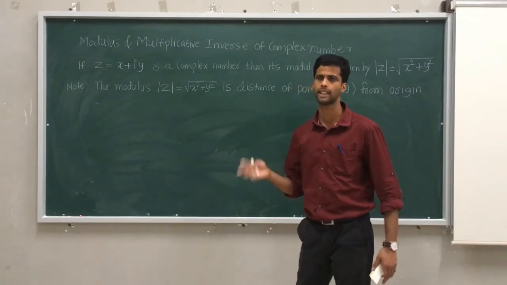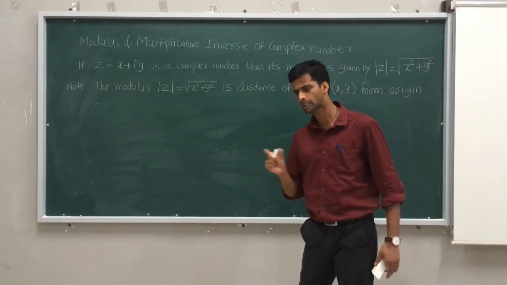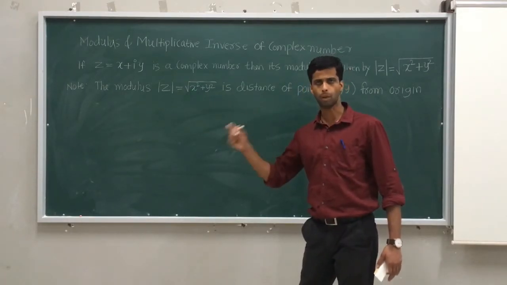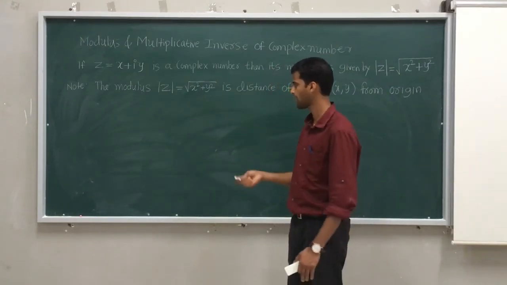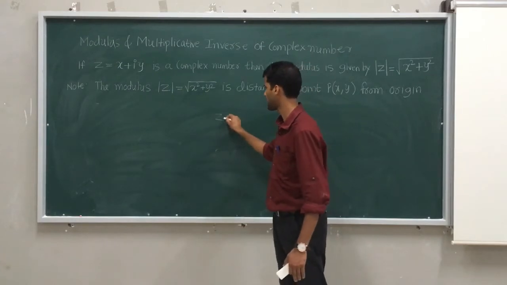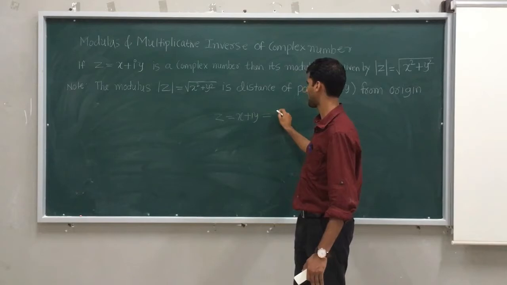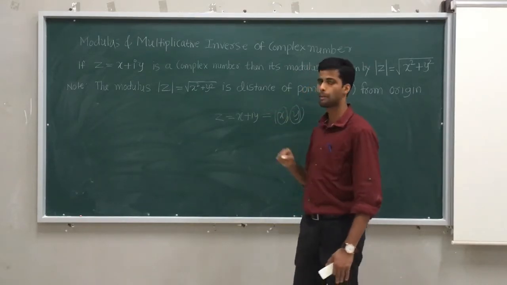What that answer tells you is about that complex number. Always keep in mind, if z equal to x plus iy, its point is given as x comma y, where x is the real part and y is the imaginary part.